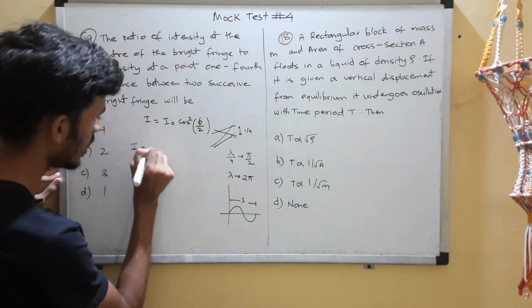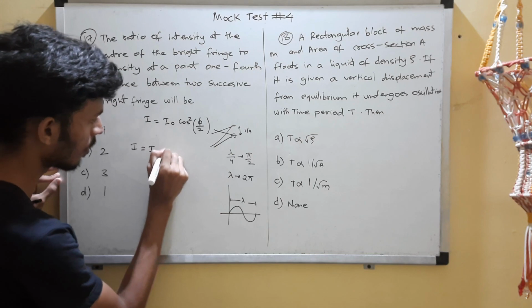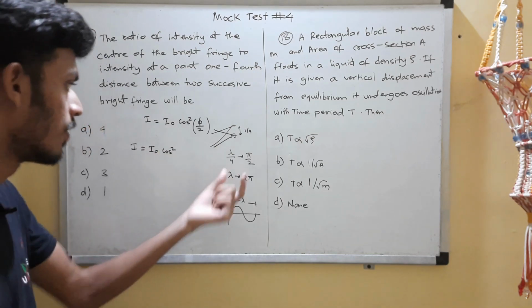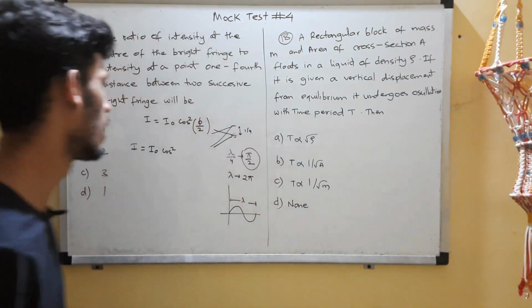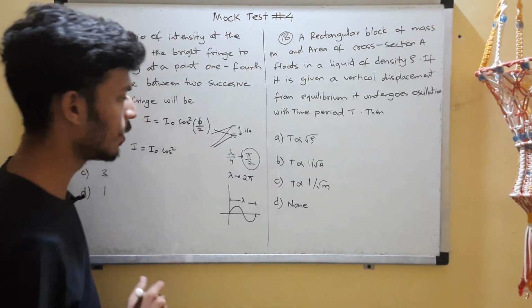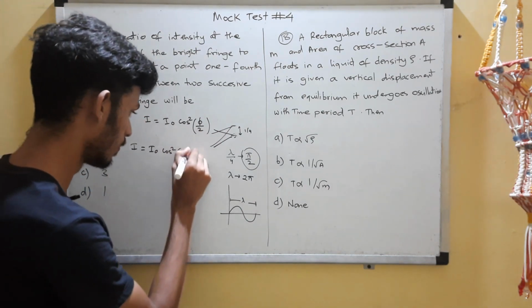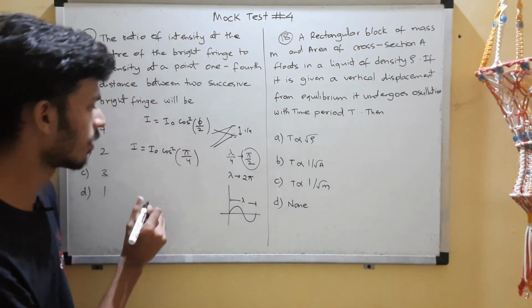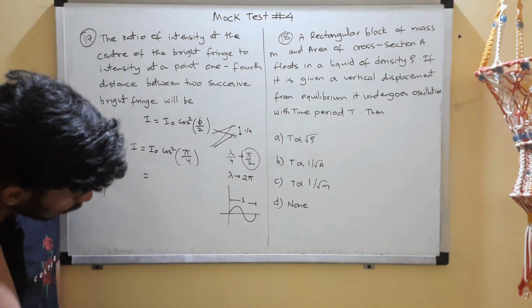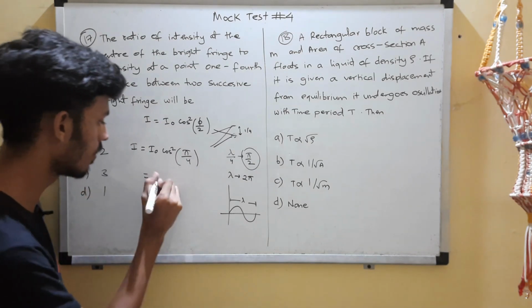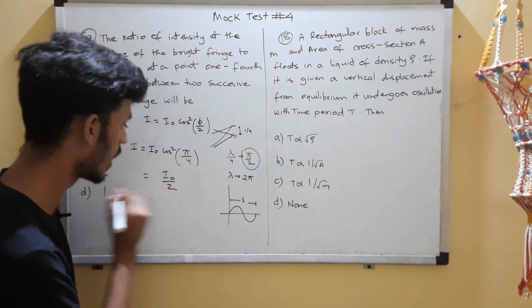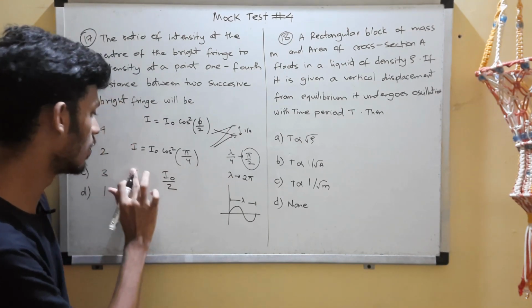So I is equal to I naught cos square of phase difference by 2, which is pi by 4. Cos pi by 4 is 1 by root 2, and its square is 1 by 2. So I naught by 2 is the intensity at 1/4 distance.